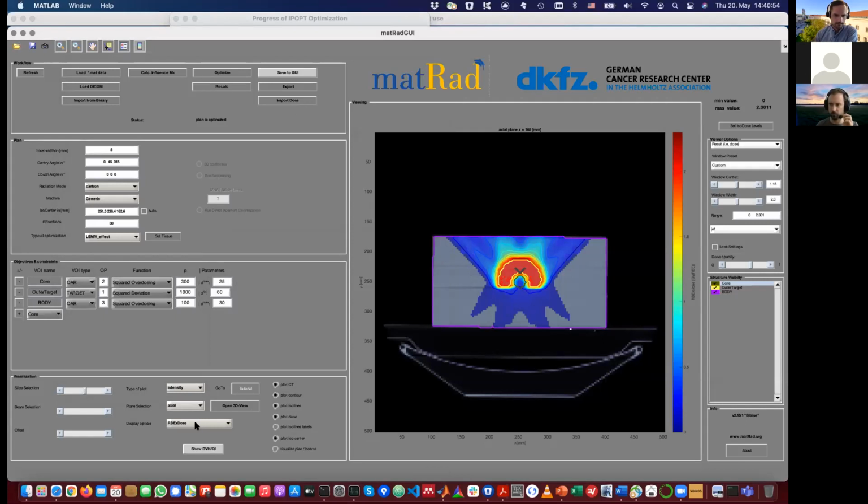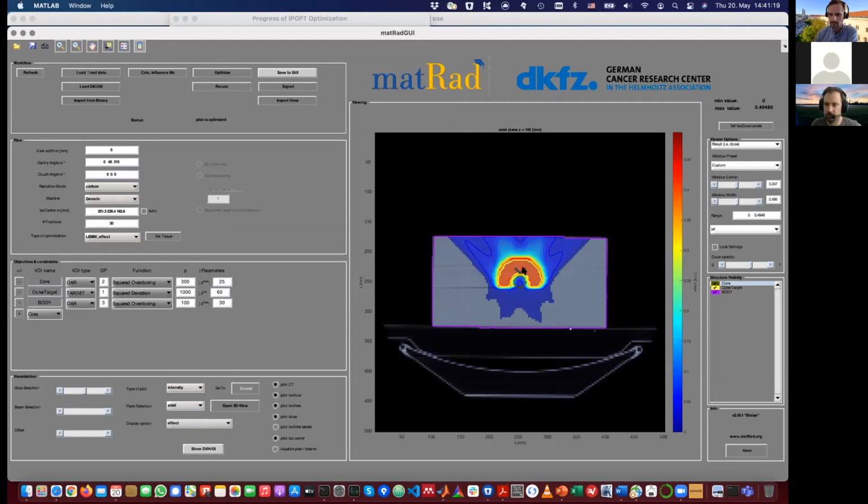Okay, and now we can also have a look at the different quantities. First and foremost, I think we can have a look at the effect, because that's what's being optimized, and it's simply a downscaled version of the RBE weighted dose.